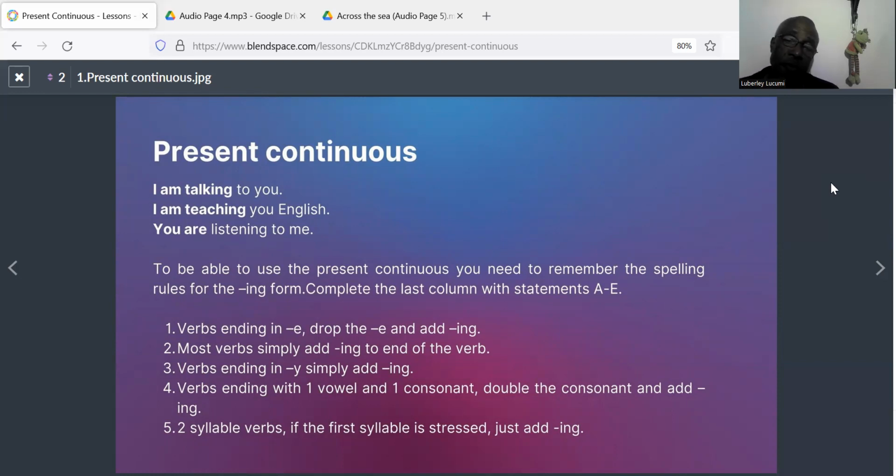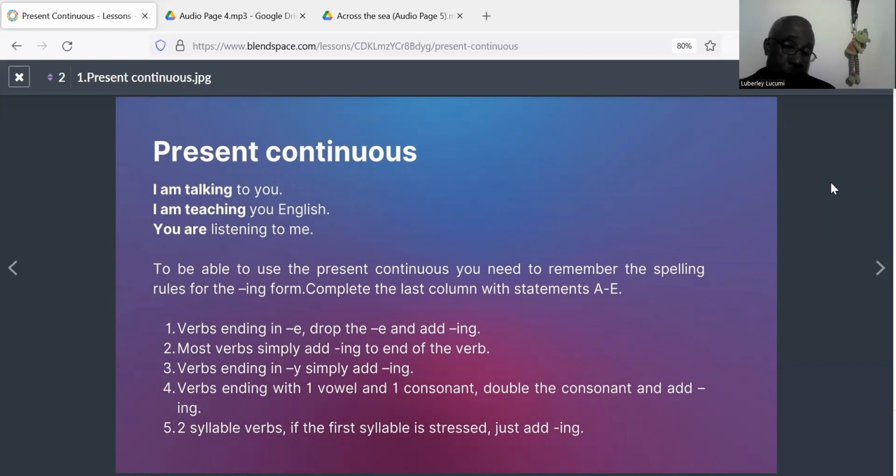But in present continuous, writing. The second one, most verbs simply add ing to the end of the verb. For example, work. Base form, work. In present continuous, working.